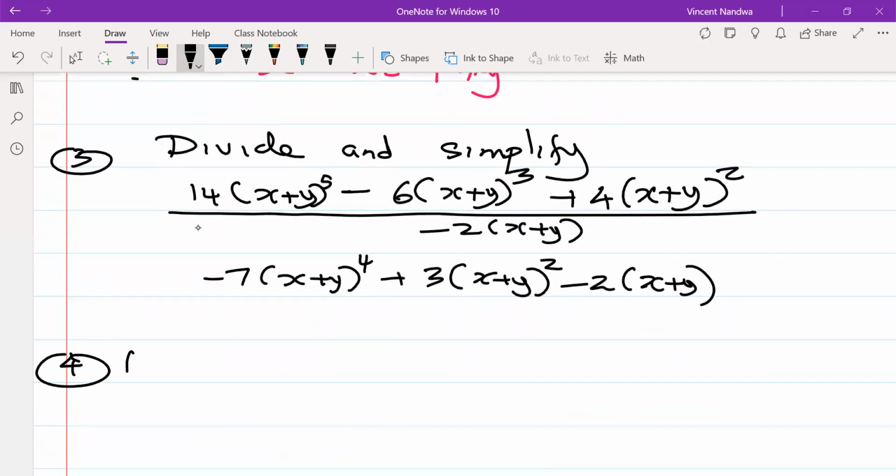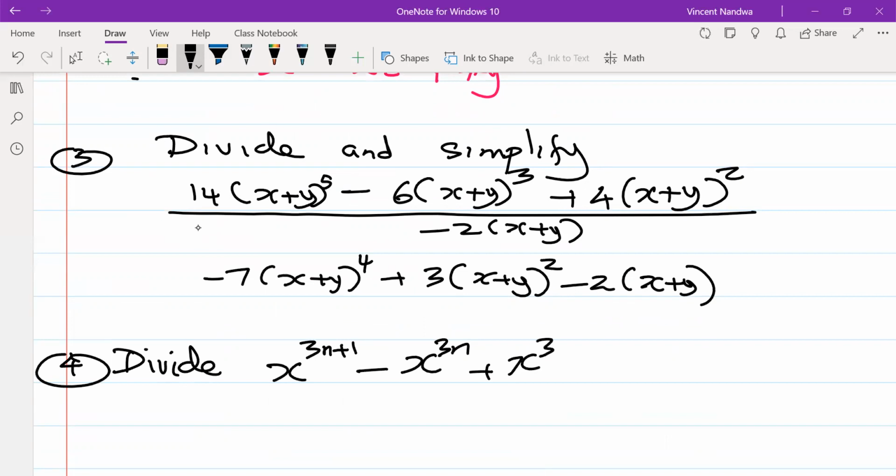Number 4, divide x to the power 3n plus 1 by x raised to n minus 2, where n is a natural number.